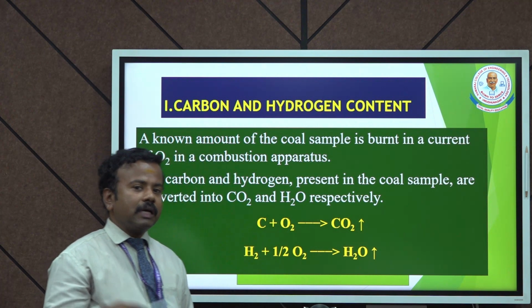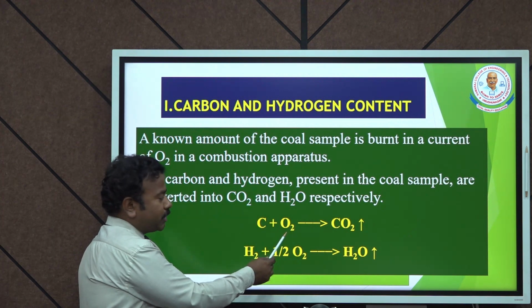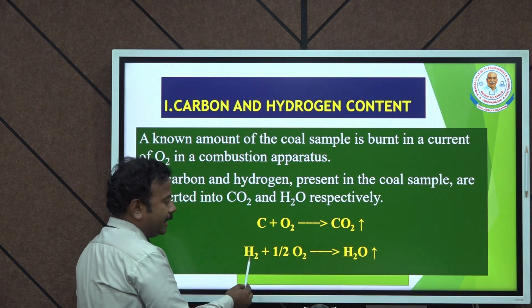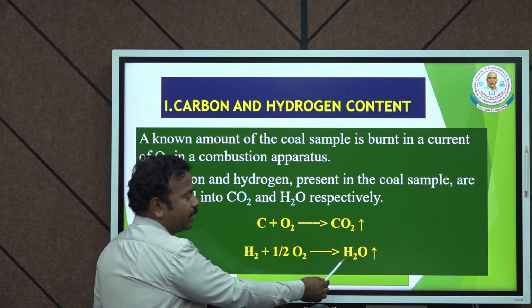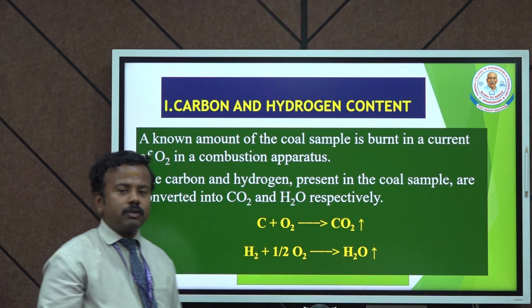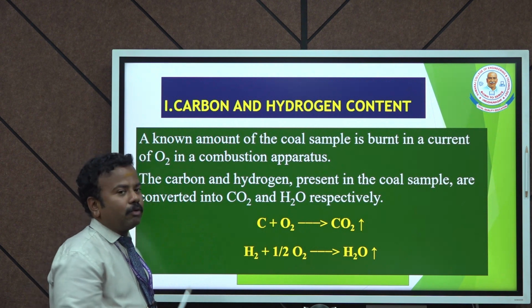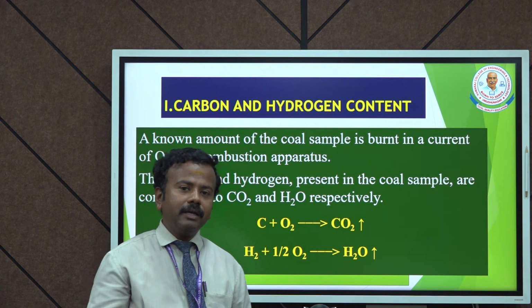The carbon reacts with oxygen by combustion to form carbon dioxide, and the hydrogen reacts in the current of oxygen and is released as H2O vapors. These are formed simultaneously. From these we analyze the percentage of carbon content and hydrogen content.